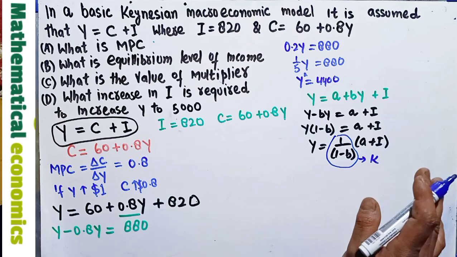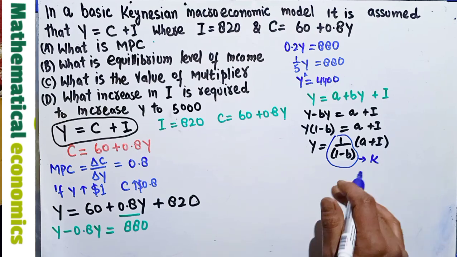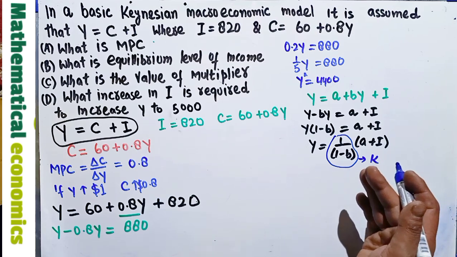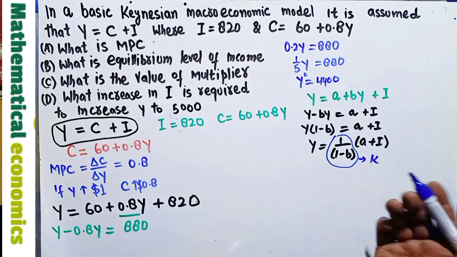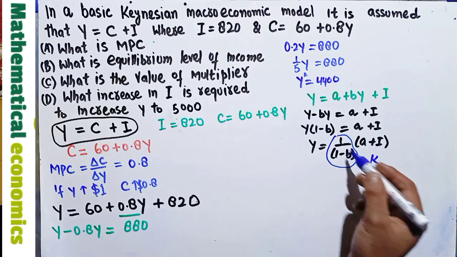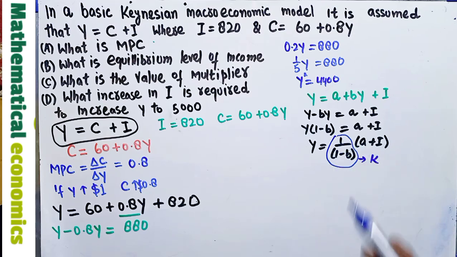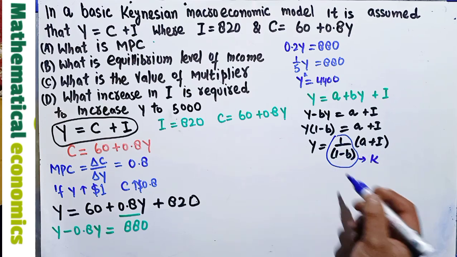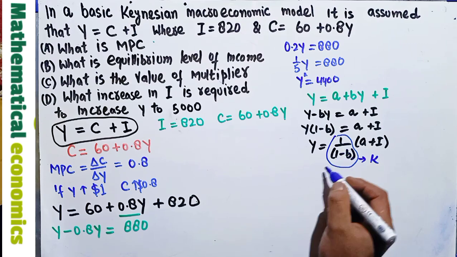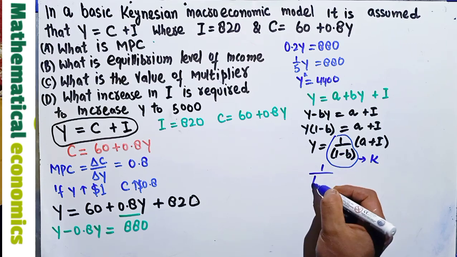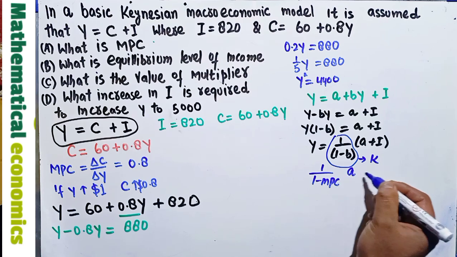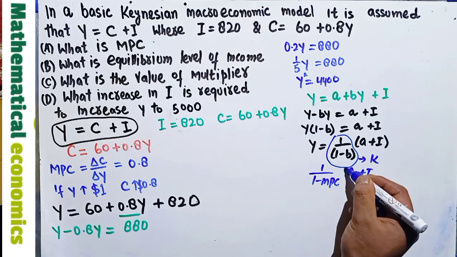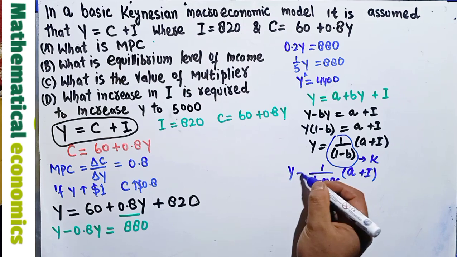Or simply, by how many times will income increase due to an increase in investment, and this is being shown by this 1 upon 1 minus b. And we can write it as 1 upon 1 minus MPC times a plus I. So this is our multiplier.